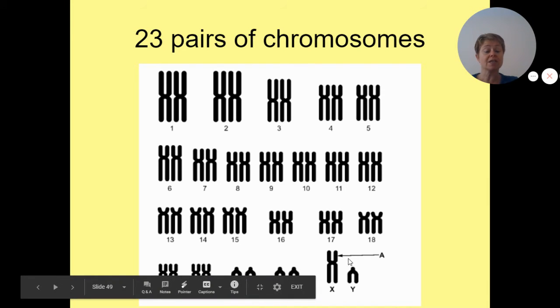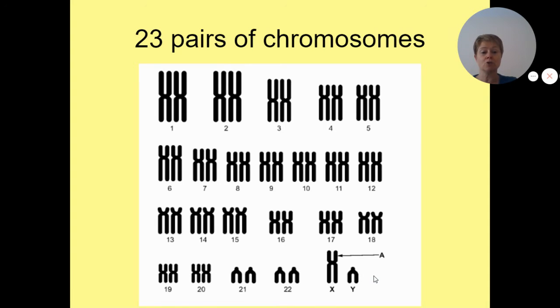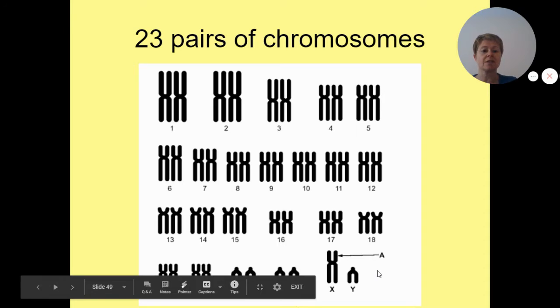And they are known as the X and Y chromosomes because one looks more like an X and one looks more like a Y. Okay, so your 23 pairs of chromosomes are 22 pairs plus the sex pair, as it's known.